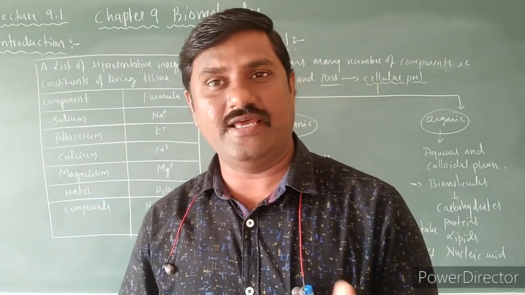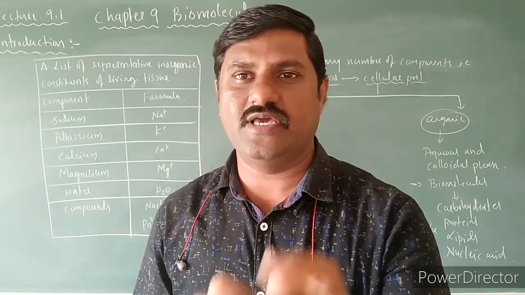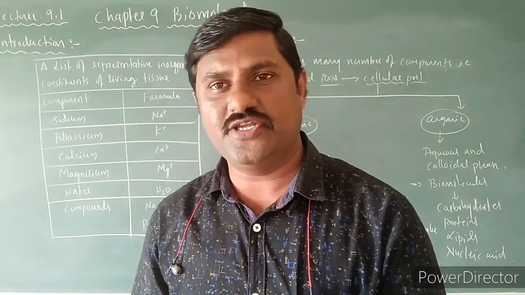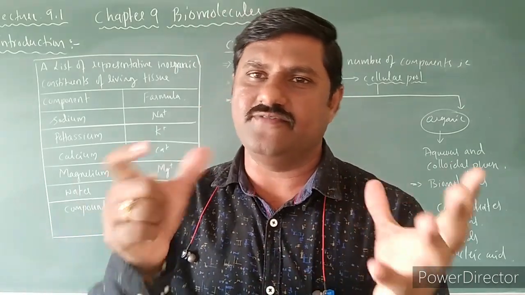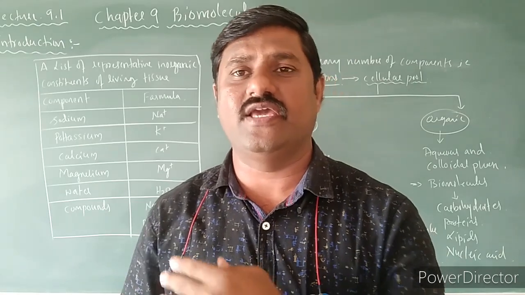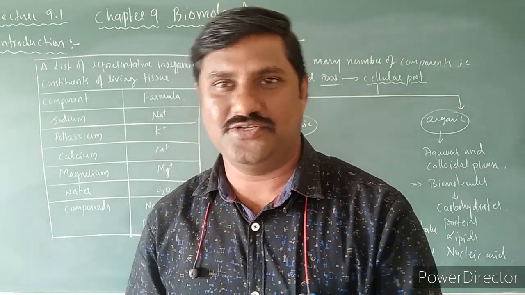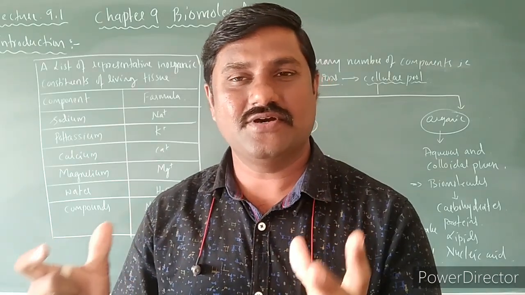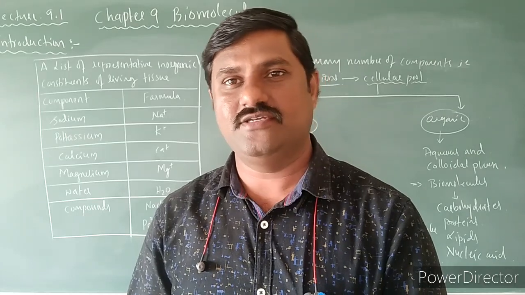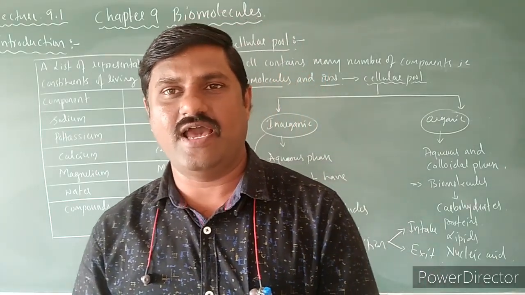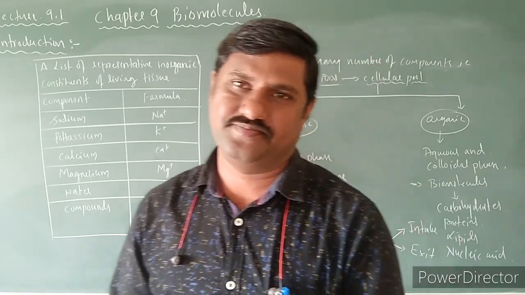And how to analyze the chemical composition of living systems? It may be a single cell, or a tissue, or an organ itself. The organ itself is made up of tissues, that's why we simply analyze the chemical composition of the tissue. How to do it? With the help of two tests: the acid solubility test as well as the ash analysis test are the tests used over here.